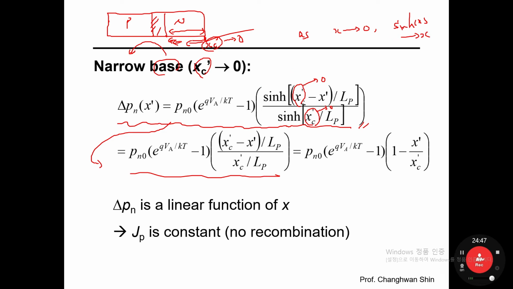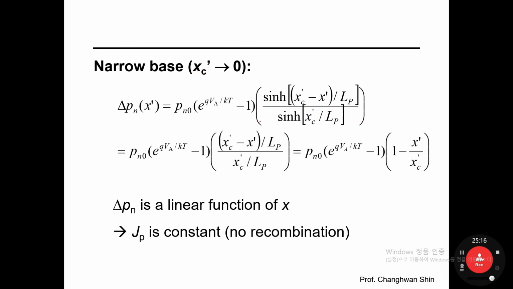Since xc prime is approaching 0, this whole value, hyperbolic sine of something, is asymptotically approaching something, right? Because hyperbolic sine x is approaching x itself. So you can simply bring it out, in other words, you can simply erase hyperbolic sine. Then each term is well placed on the right spot.